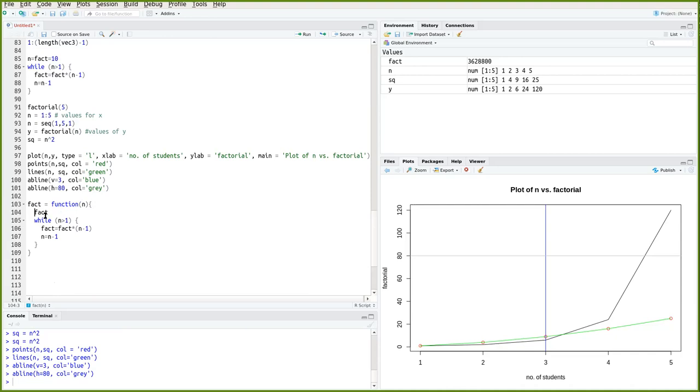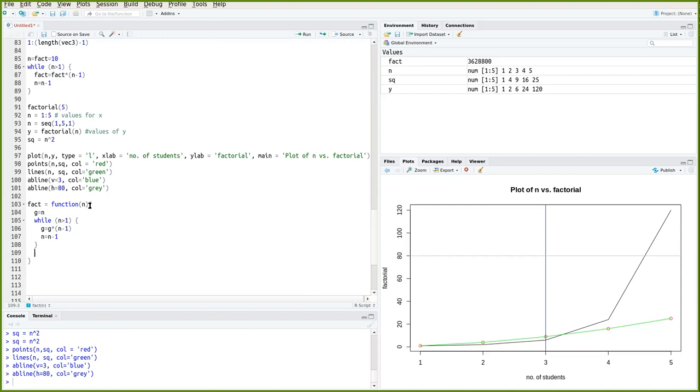Just so that you don't get confused, I take this value and save it in value g, which I equate to 0. Then I iteratively keep multiplying my g into n minus 1, and this is some function that I wrote that I know will give me the factorial.